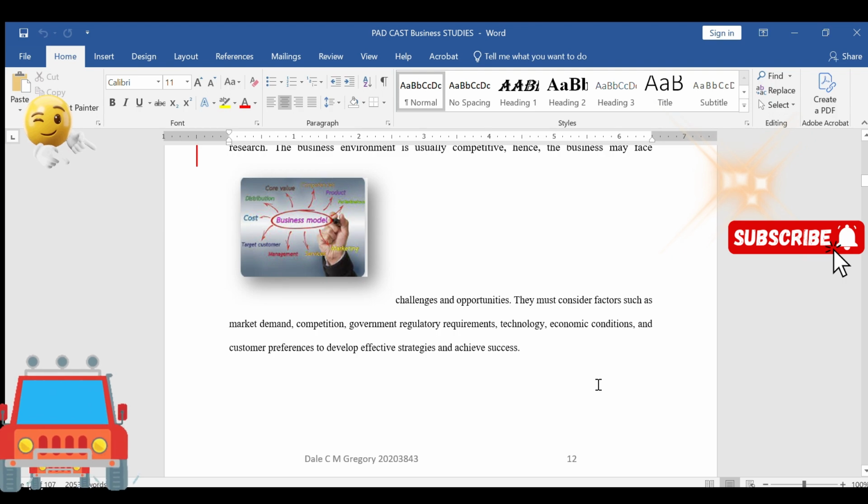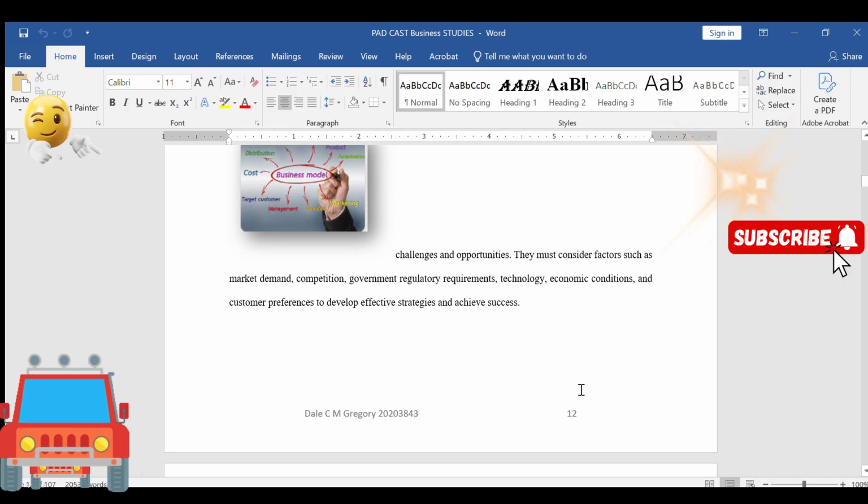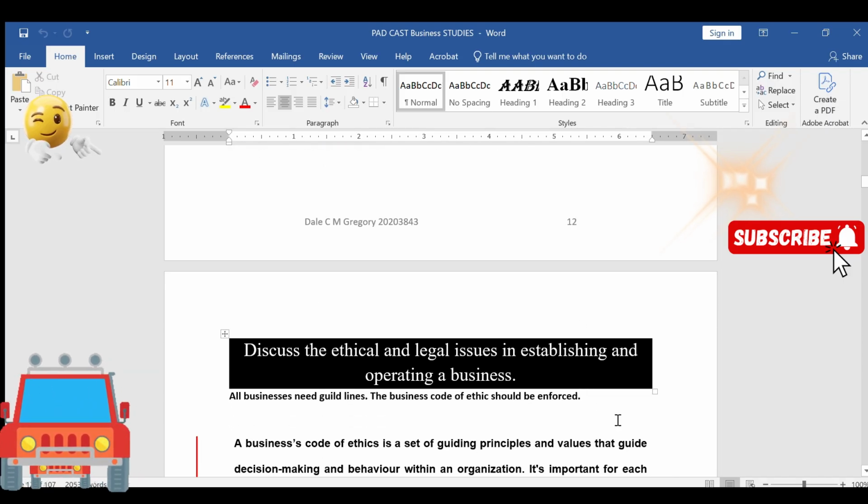They must consider factors such as market demands, competition, government regulation requirements, technology, economic conditions, and customers' preference to develop effectively and achieve success.